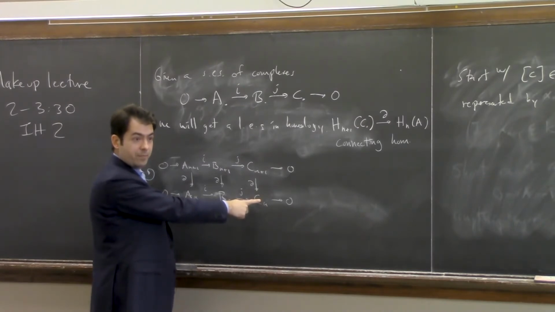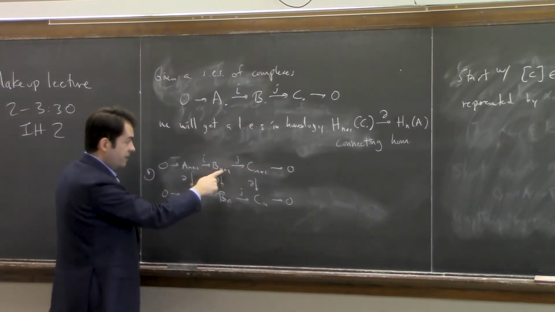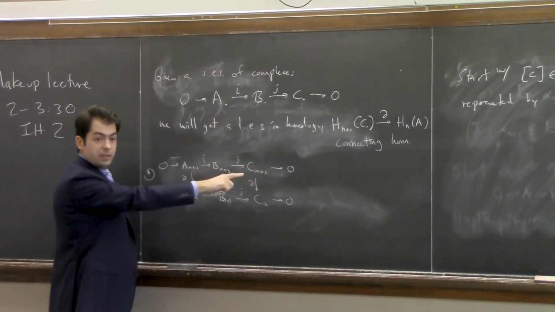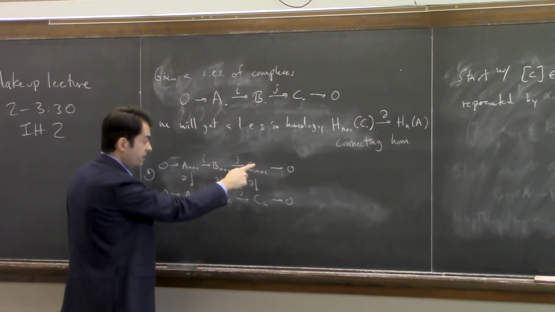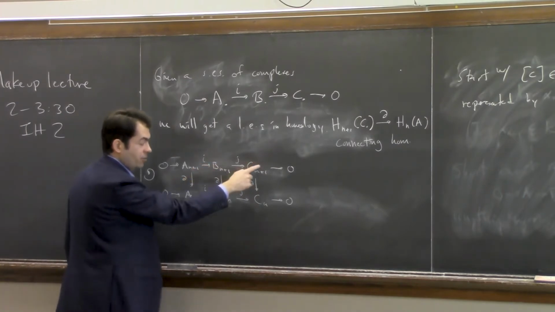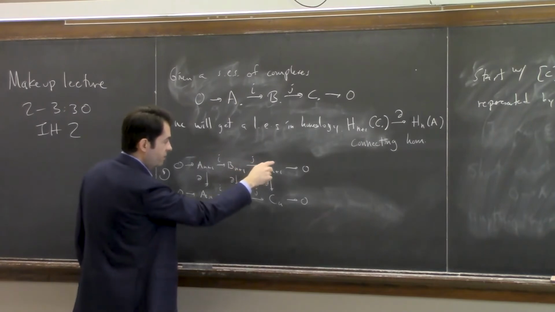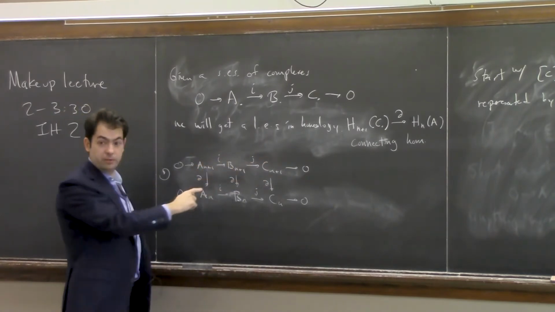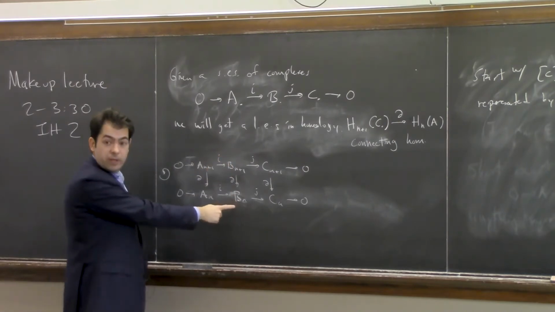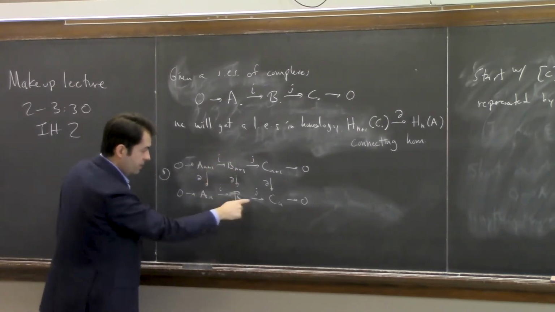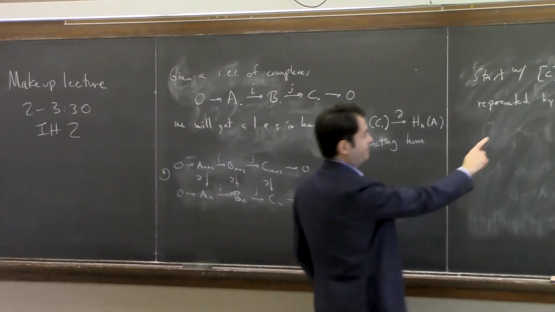Now, exactness of this row tells me that J is surjective. So since J is surjective, I can find an element here that maps onto that one. I can take C, and I can find a B that maps onto it. If I go down, I don't know if I get 0 here. But I do know that if I go down and then to the right, I get 0.